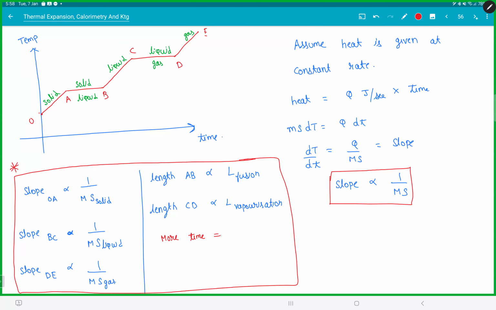More time implies more heat is required to melt. That means there's a more latent heat. Clear? Let's see a question based on this, how they'll frame a question.